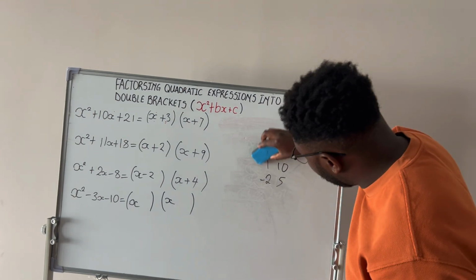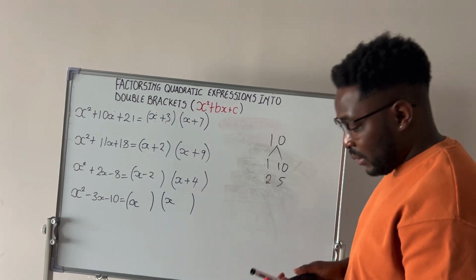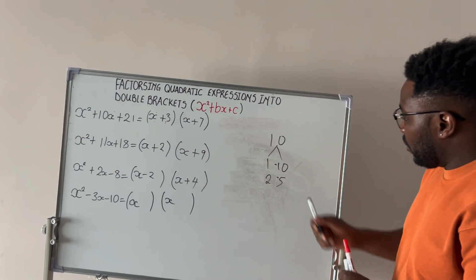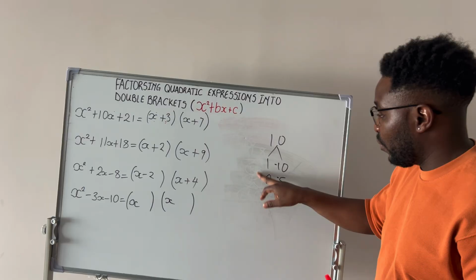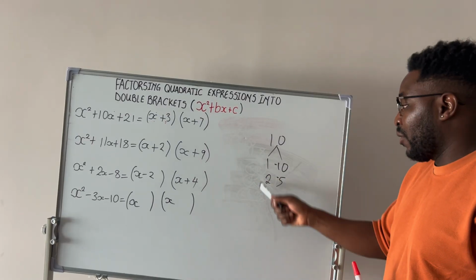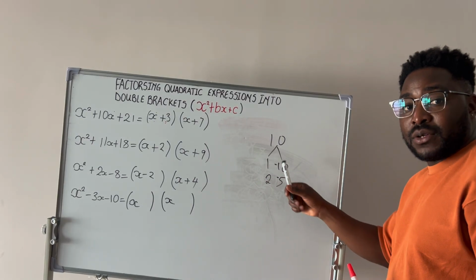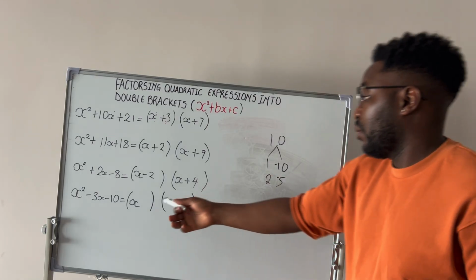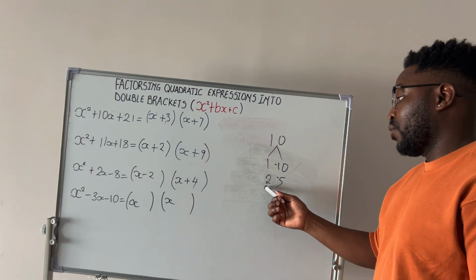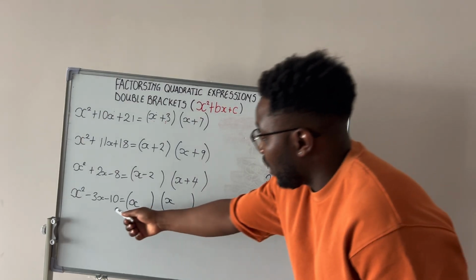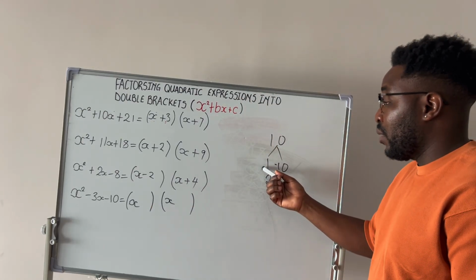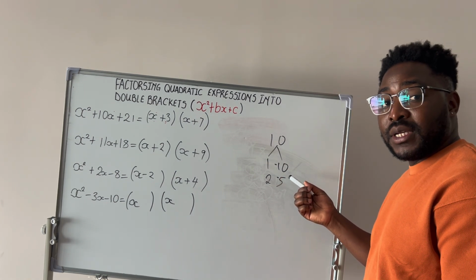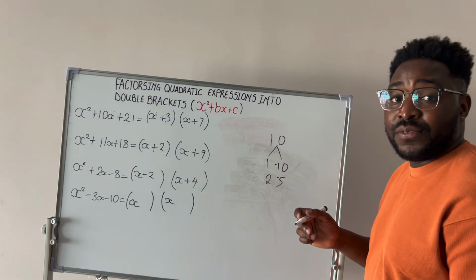How about we add the negatives to the second numbers? We don't need the negatives in our first numbers, so let's add them to our second numbers. 1 multiplied by -10 gives us -10. 2 multiplied by -5 gives -10. 1 plus -10 gives us -9.